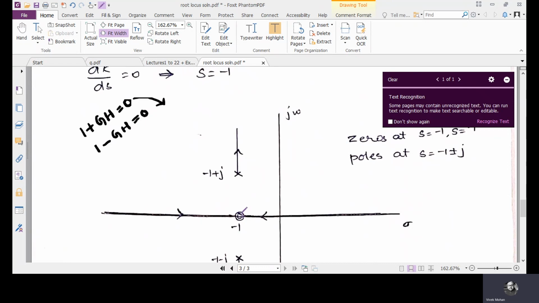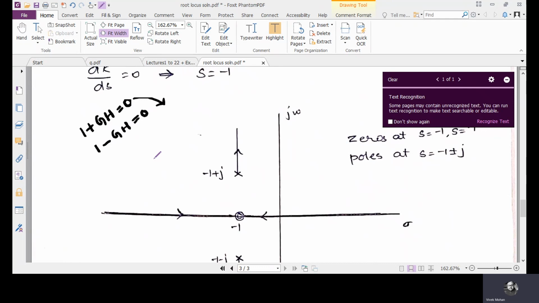Basically they are zeros only, but the count is even. Now to the right side of these two zeros, the number of poles and zeros is 0, but 0 is taken as even. It is not taken as odd. So this is also not a part of the root locus. So for 1 plus GH equals 0, the whole real axis does not come under the locus.